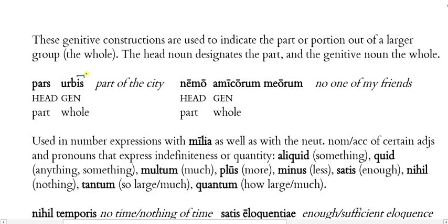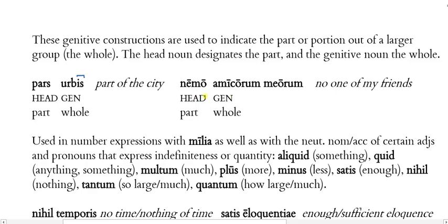You can see that genitive third declension case ending there. And that's the genitive noun. This is a genitive phrase, and so my head noun is being qualified by the genitive noun. And I would translate this as part of the city. Pars is a word that expresses a portion, and urbis is the whole out of which the part is designated or understood, part of the city. The pars is part, urbis is whole.